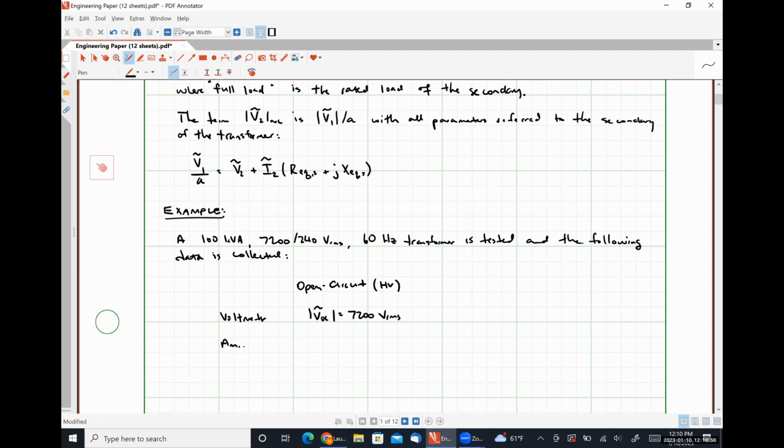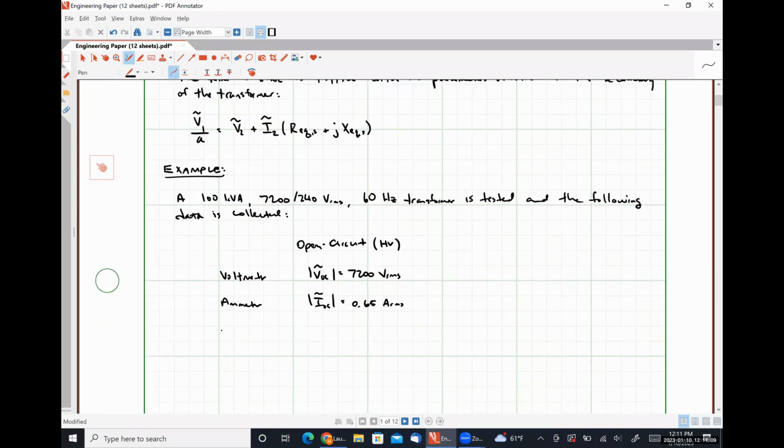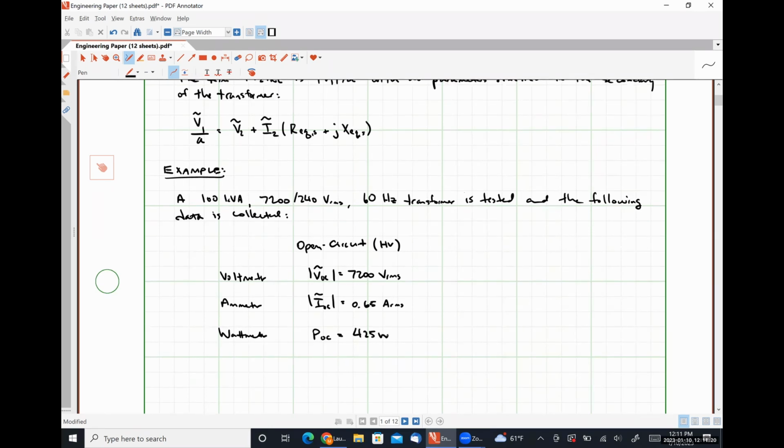Our ammeter measures an open circuit current of 0.65 amps RMS. And our wattmeter measures an open circuit power of 425 watts.